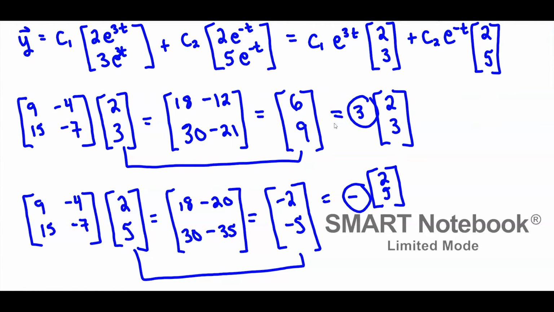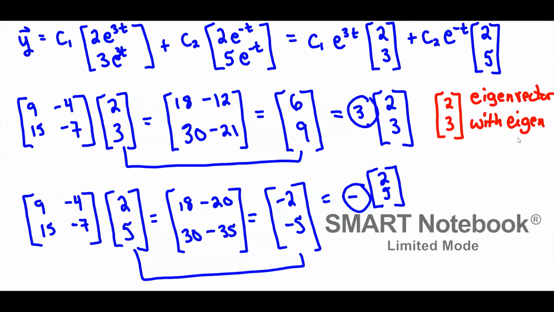So these are special. If you remember from your linear algebra class, we would say that 2, 3 is what's called an eigenvector, with eigenvalue 3.